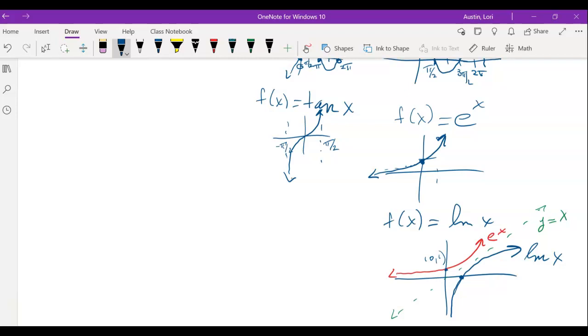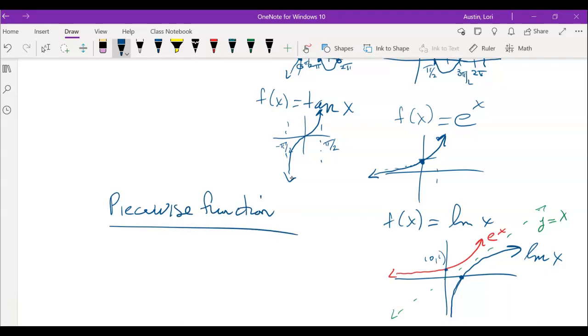So I wanted you to just be able to visualize, when we talk about ln x throughout the course, what the graph looks like in your head. The other thing we touched upon probably very little in pre-calc that I want to review real fast is something called piecewise functions.